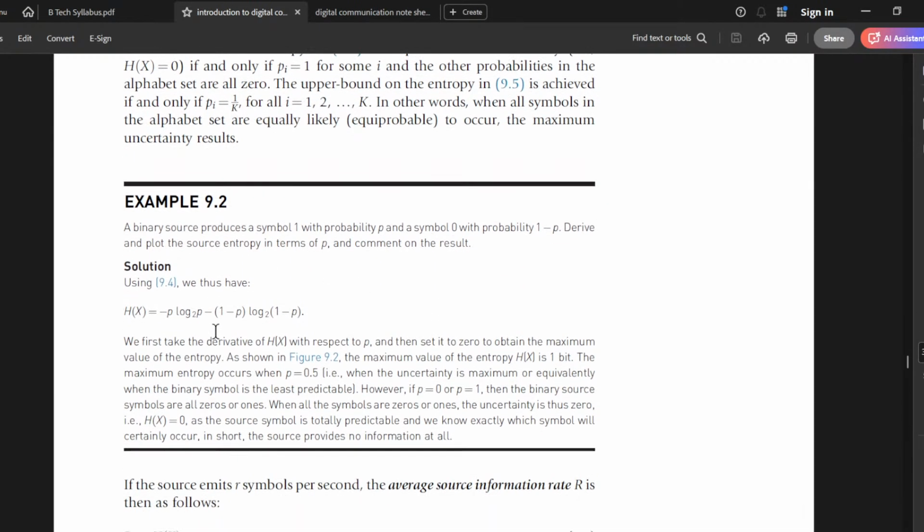I don't know what this means. Let's just solve the question here. A binary source produces a symbol 1 with probability p and a symbol 0 with probability 1 minus p. Derive and plot the source entropy in terms of p. We will have minus p log 2 p minus, because we have to get the sum and this minus comes from the log.